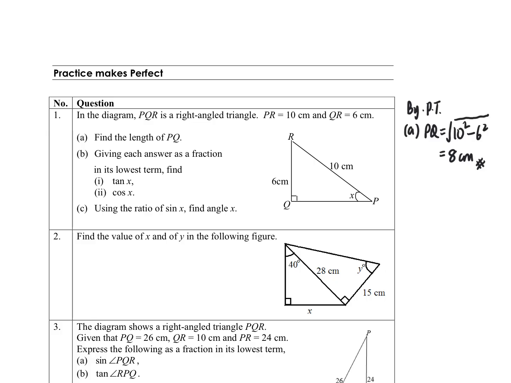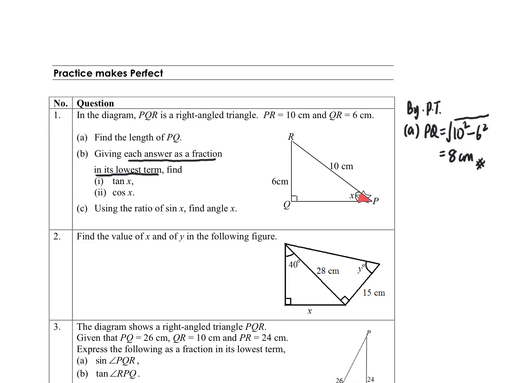Okay, next one is if they ask for the fraction in its lowest term. So I want to find tangent of this angle. Instead of using theta, they use x, so no problem. Okay, whatever. So anyway, this is the angle that they are talking about.